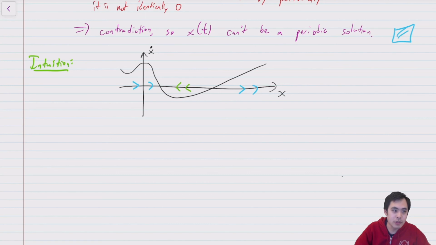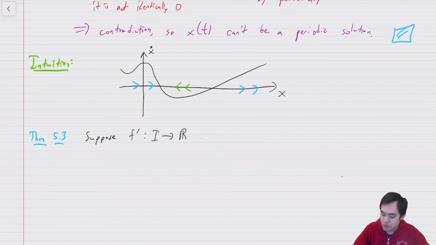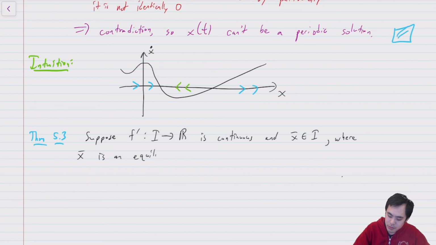Okay, so now that we've done that, let's talk a little bit about stability of nonlinear equations. We're going to first start by giving a first derivative test. Suppose the derivative f prime is continuous on some interval I, and x bar is in I, where x bar is an equilibrium of x dot equals f of x.